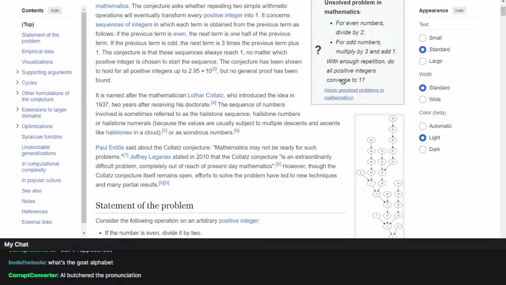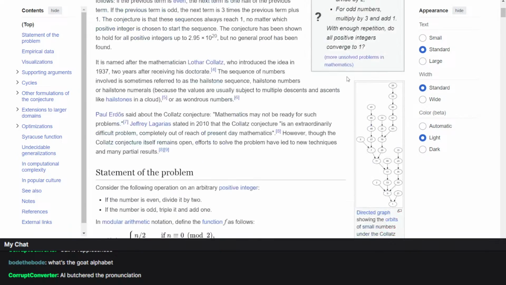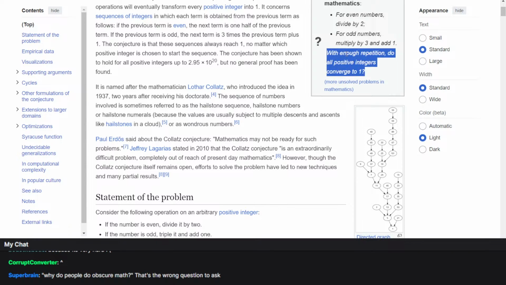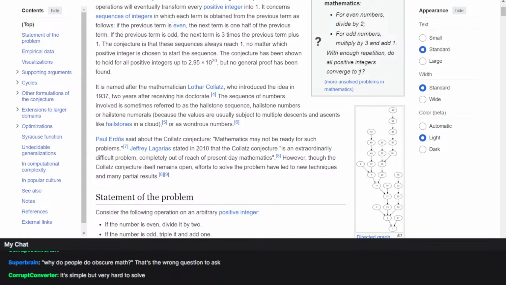I don't see why this even seems solvable at all. It just seems like... oh, it's because you just keep going forever. And but how would it... I don't even know. Because it's very hard. Couldn't you just say, with enough repetition do all positive integers converge to, and then pick any number?